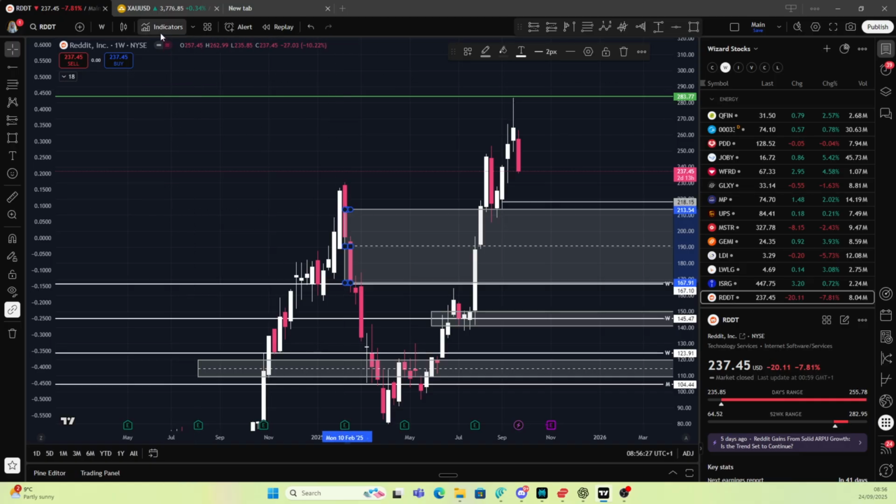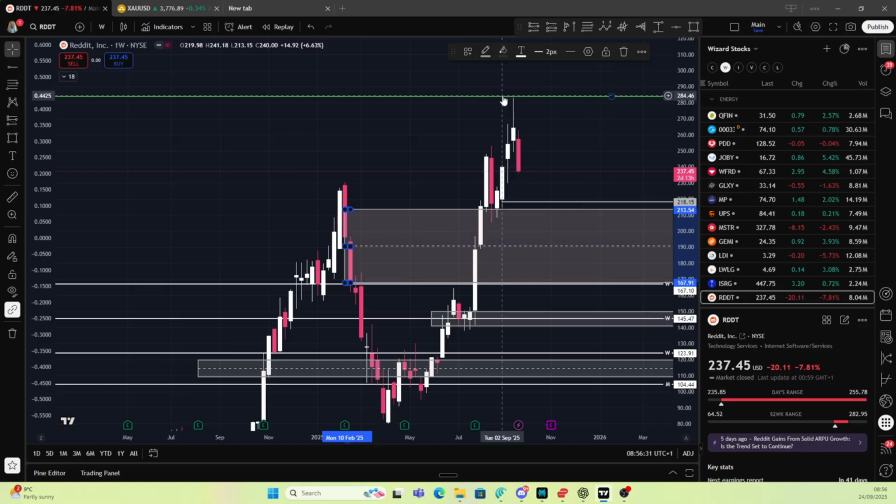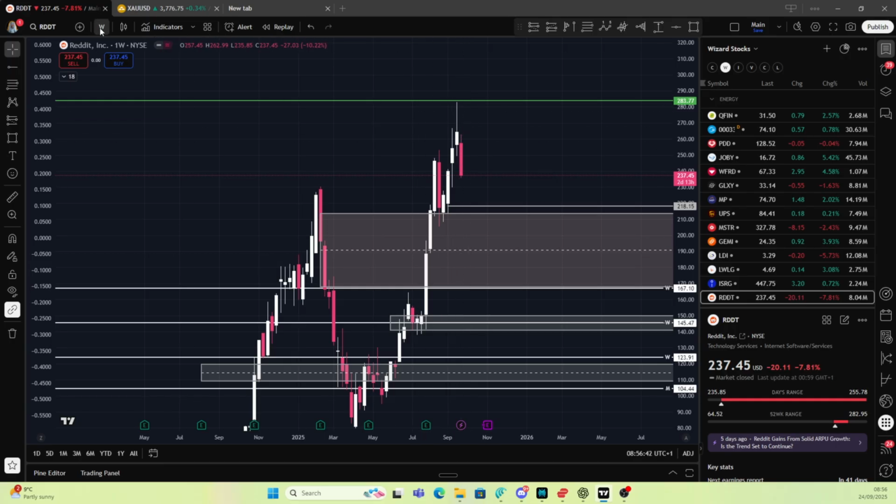So I will draw that in. Price moves very quickly in this area, so this is one to watch out for.